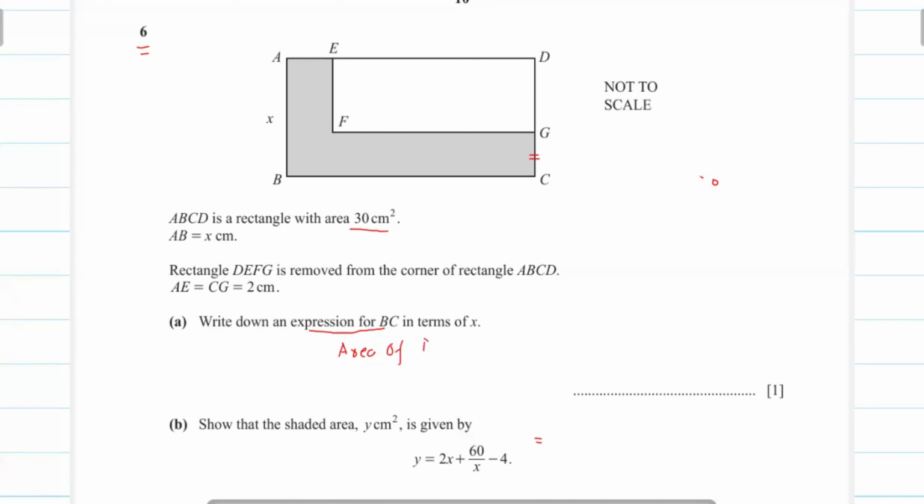Area of rectangle equal to length multiplied by breadth. Length here is BC and breadth here is x. Therefore, we can write BC equal to 30 over x, and this is the width of the rectangle.